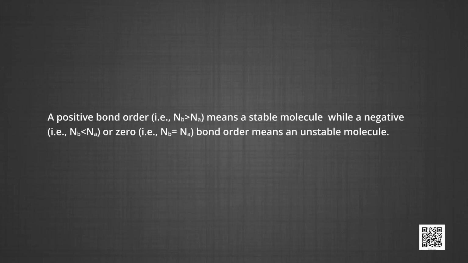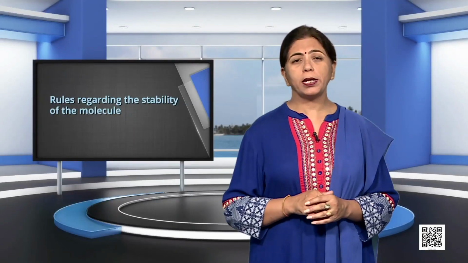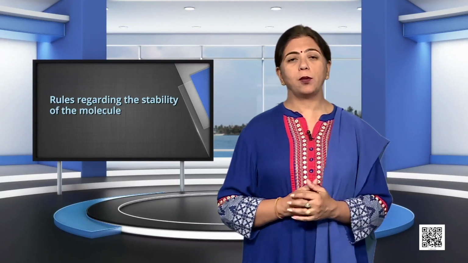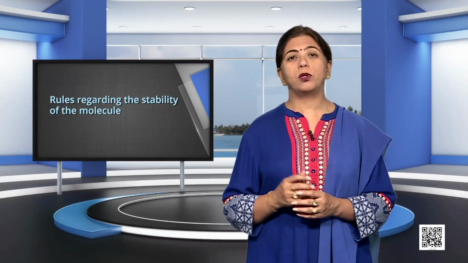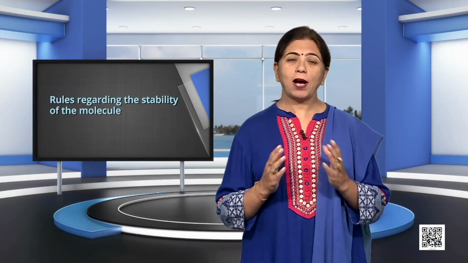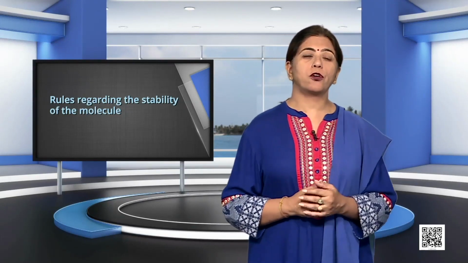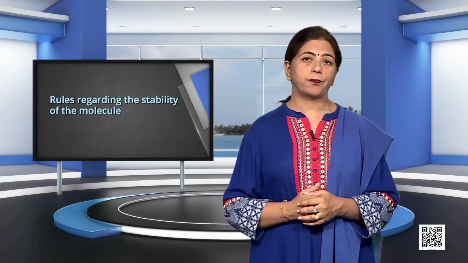A negative bond order, that is, Nb less than Na, means an unstable molecule. If it is 0, that is, Nb equals Na, the molecule does not exist. This is a frequently asked question: why does the helium molecule or the neon molecule not exist? You have to answer that the bond order of these noble gases is 0.